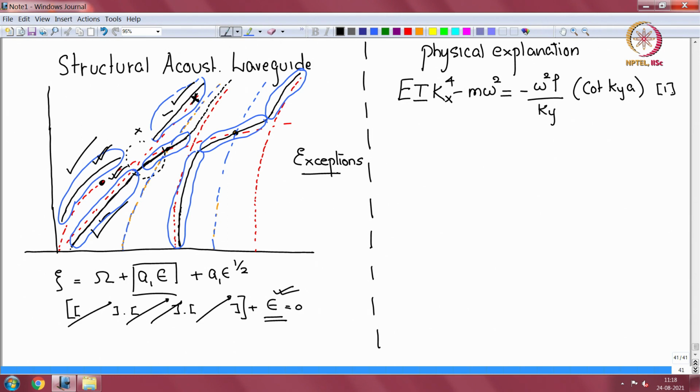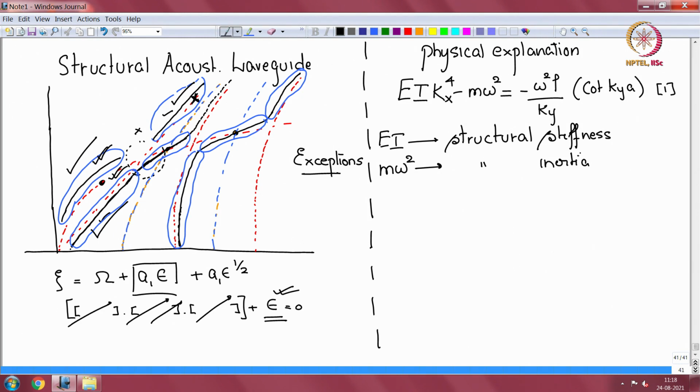Okay. Now we will say EI is the structural stiffness, okay, and m omega square is the structural inertia.